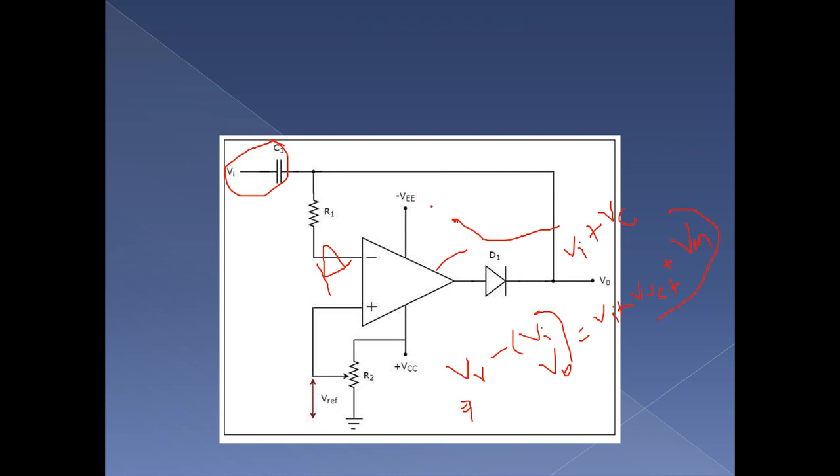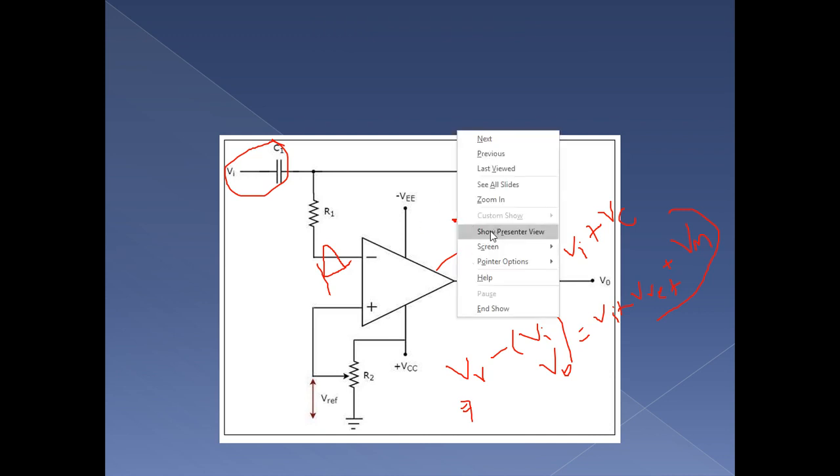Let's see how we get the output in terms of waveforms. We know V0 is equal to Vi plus Vm plus V reference.